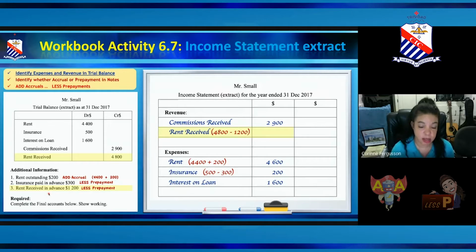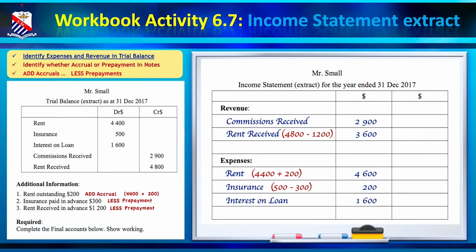Since there is an adjustment, you put your working, which would be the amount in your trial balance, 4,800, less the prepayment, which is 1,200. And the answer you get is 3,600.